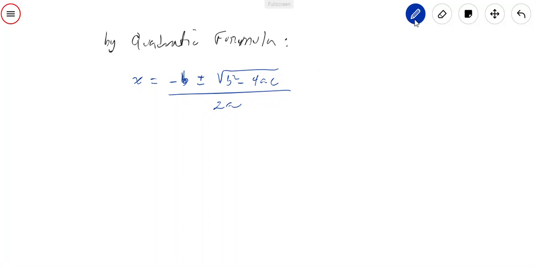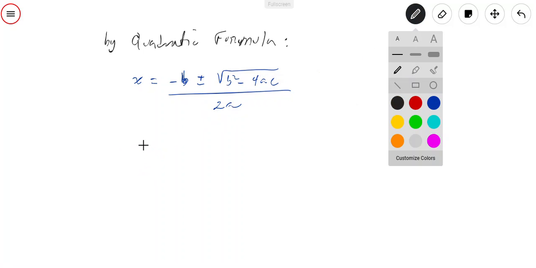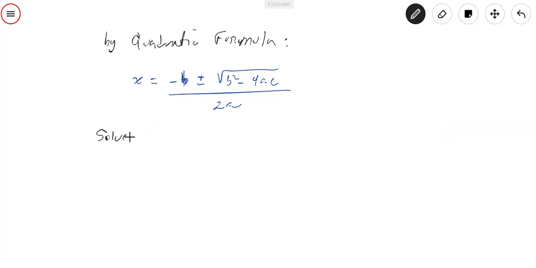Suppose that we have the following equation that we want to solve by using the quadratic formula. So I say solve, and I give you 3x squared plus 5x equals 1.